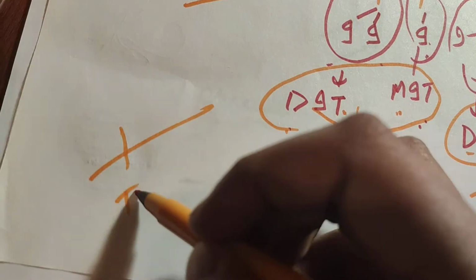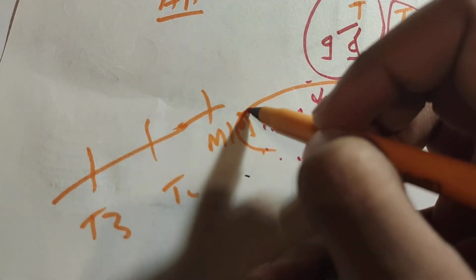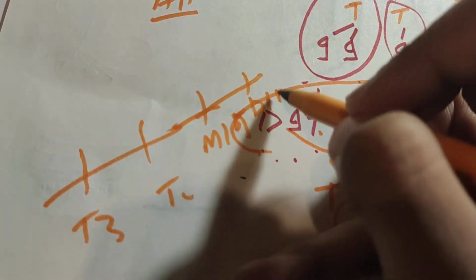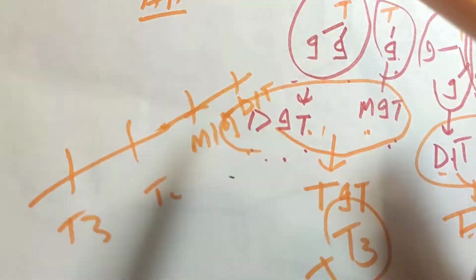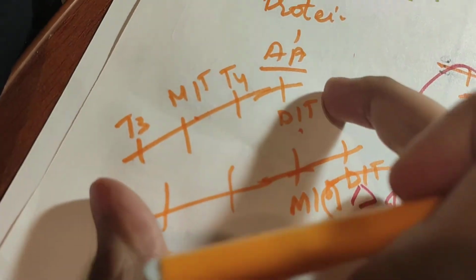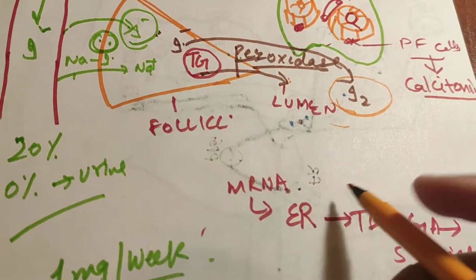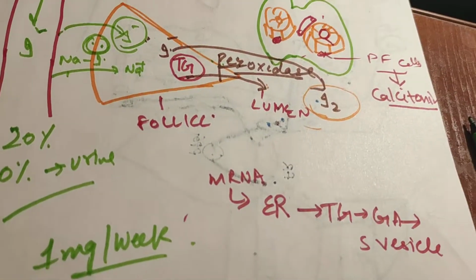It is like this, T3, T4, and along with some MITs and some DITs which are separated. Suppose this is T3, this is MIT alone, this is again T4, this is again DIT. So this is separate, and this is present in the lumen. Now you know what is present in the lumen. What happens now?